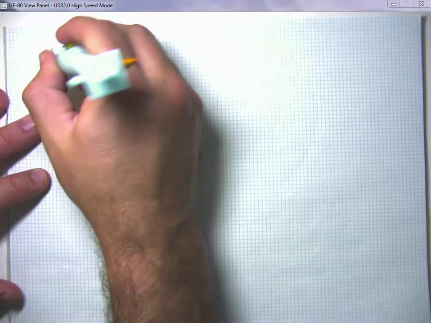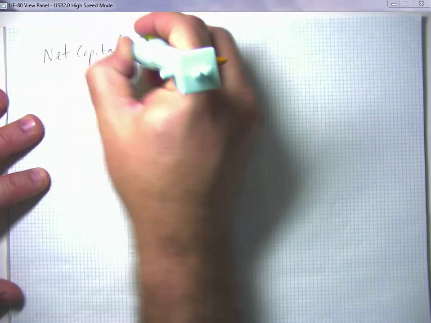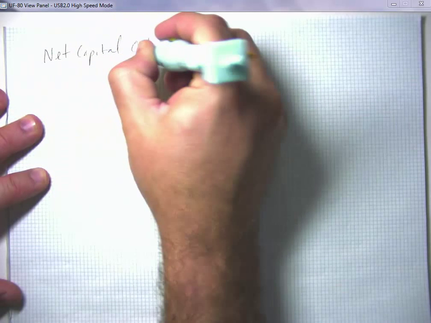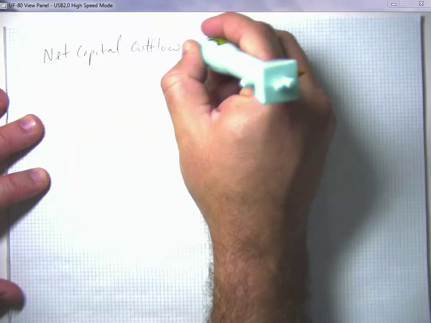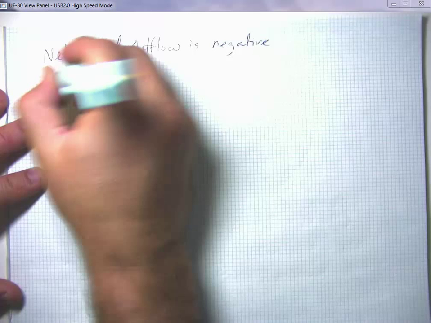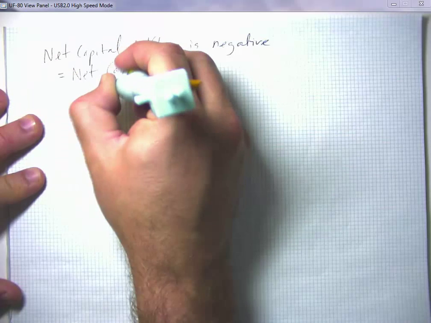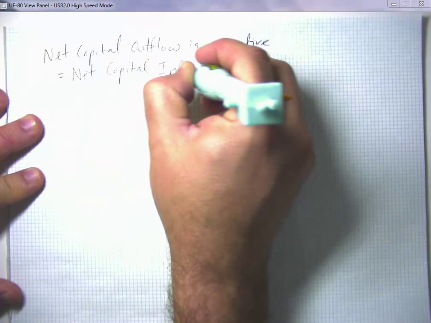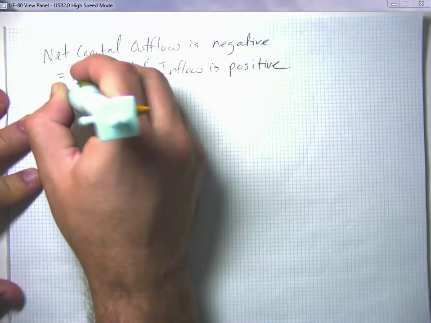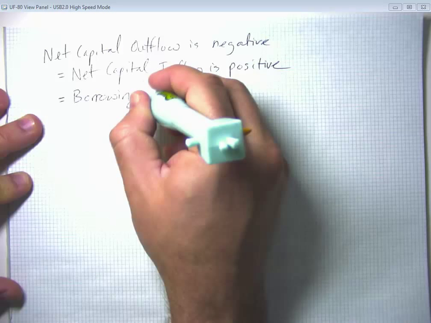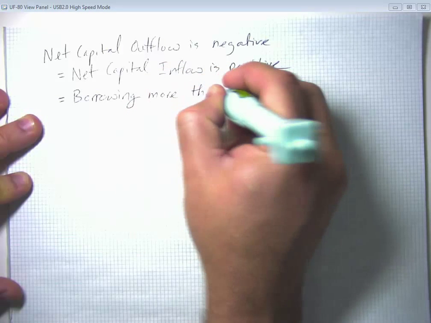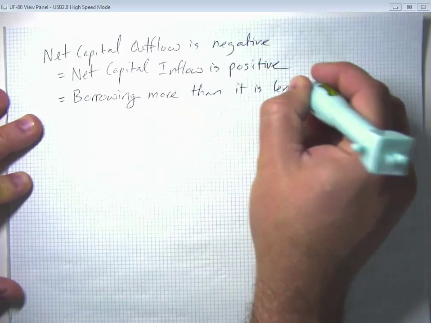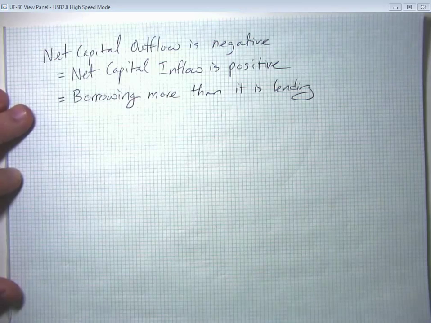So it's equivalent to say that net capital outflow is negative, or we could say that net capital inflow is positive, or another way we could phrase that is a country is borrowing more from overseas than it is lending. So those are all synonymous statements here.